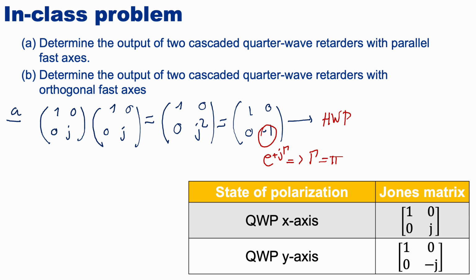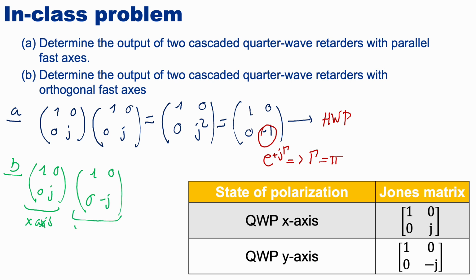But in the other scenario, when the two quarter wave plates are orthogonal, that means that one of them is oriented along the x-axis, but the other one is along the y-axis. Now here the solution is 1, 0, 0, 1.